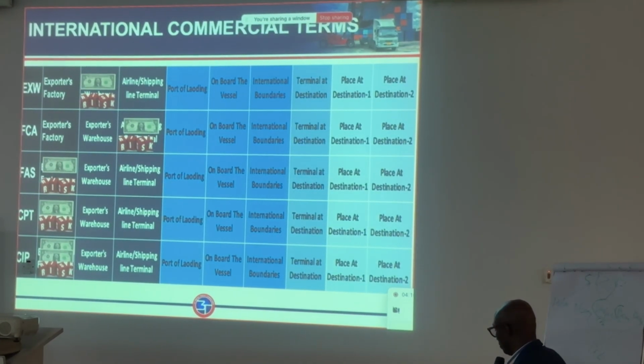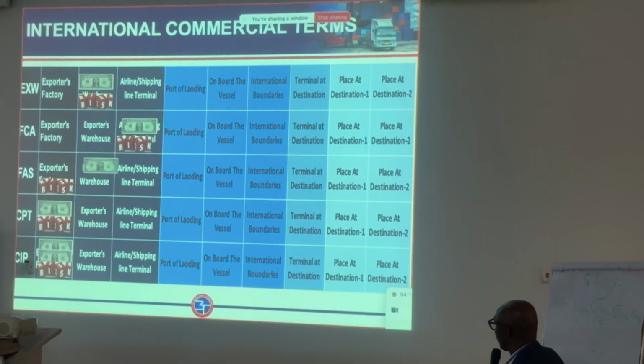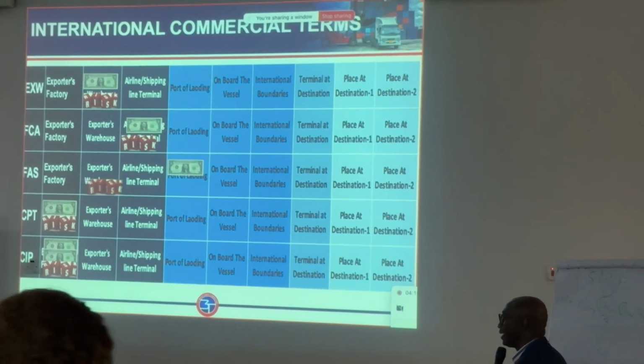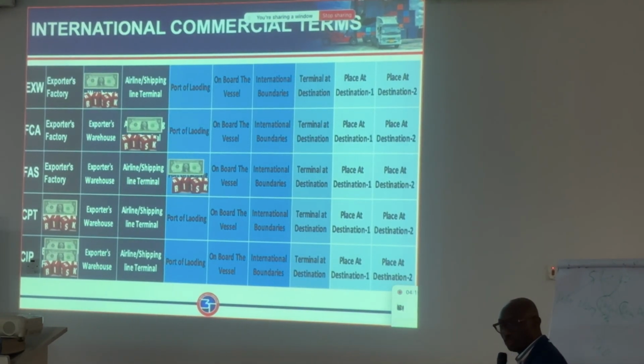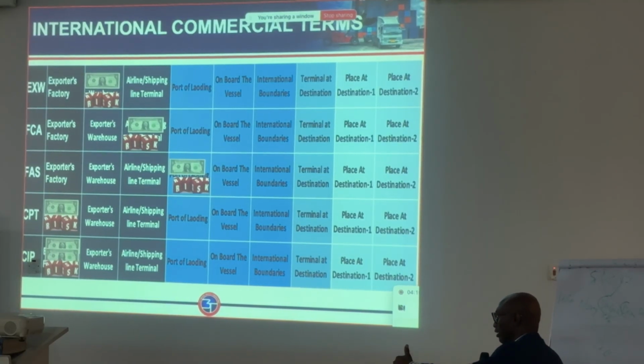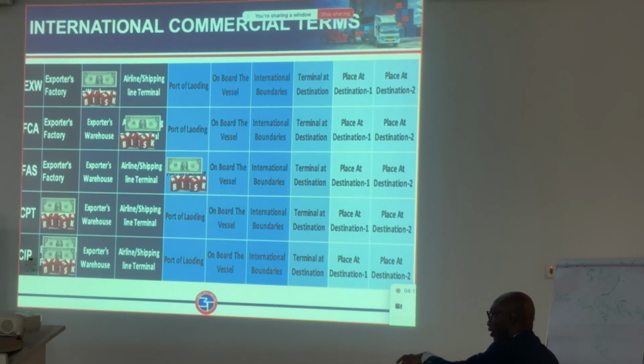Free alongside ship: the exporter's risk and cost end when the goods get to the port. This time around, the goods are not on the ship, they are on the ship side, on the quay, overlooking the vessel, but not loaded on the ship. From that point on, the importer bears the cost and risk to reach the destination.